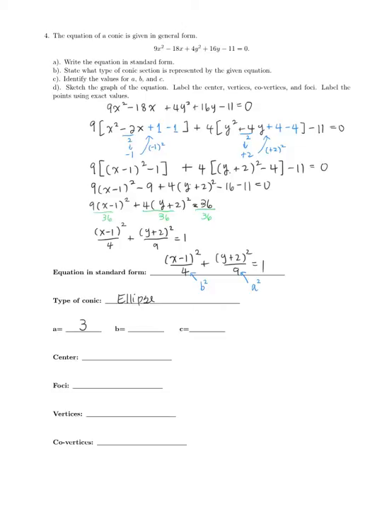Oh, I mean, you can just look at a squared equals 9, so a better be 3. b better be 2. Now, to find c, let's use this formula. c squared equals a squared minus b squared, which is 9 minus 4, which is going to be 5. So it looks like our c is going to be the square root of 5. Okay, now let me see. Center is going to be (1, negative 2).